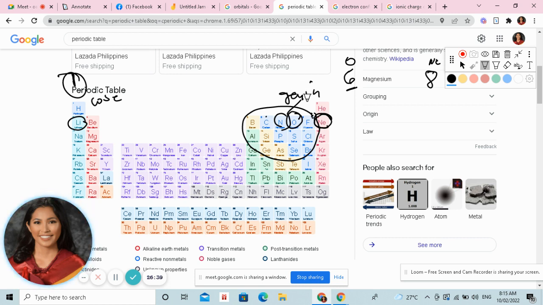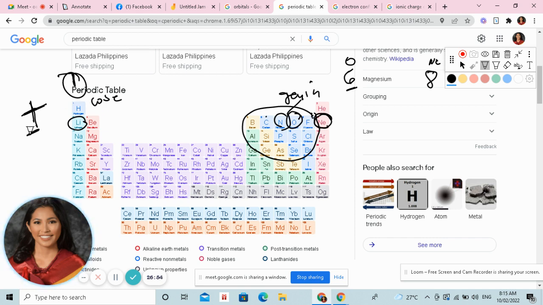That's why the charge of your metals is positive. Though they lose electrons, they have a positive charge. What is the explanation for why they became positive even though they lose?